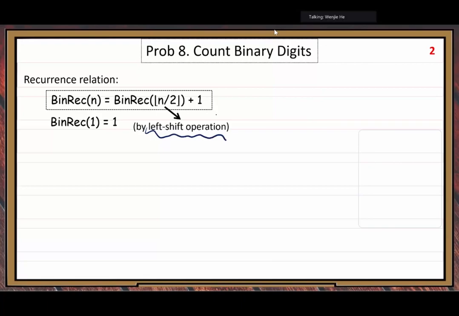In C++, you have the double arrows, shift to the left, shift to the right. Because when you do this operation, although it's a division, it is extremely fast. So why?